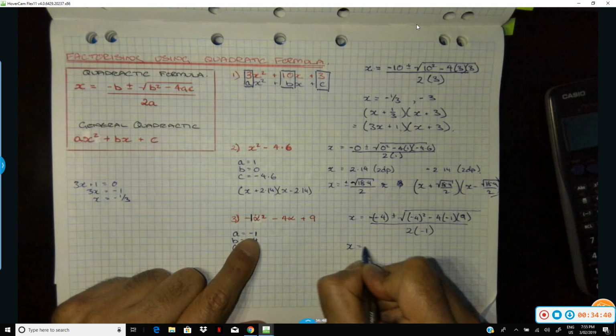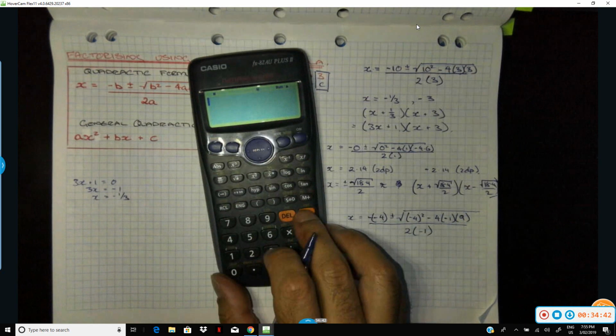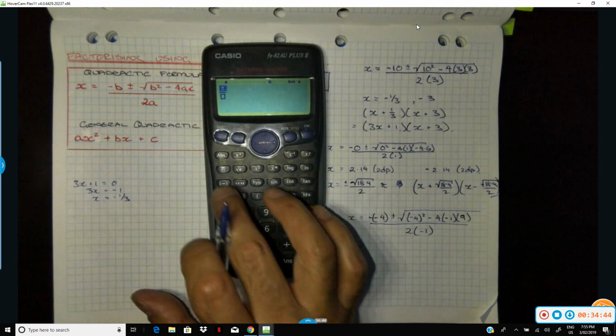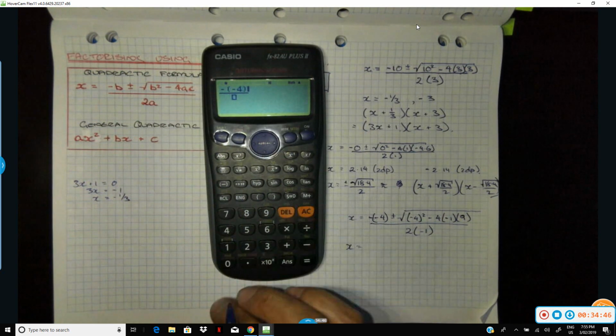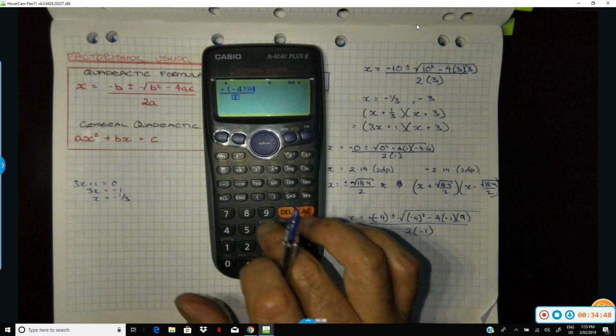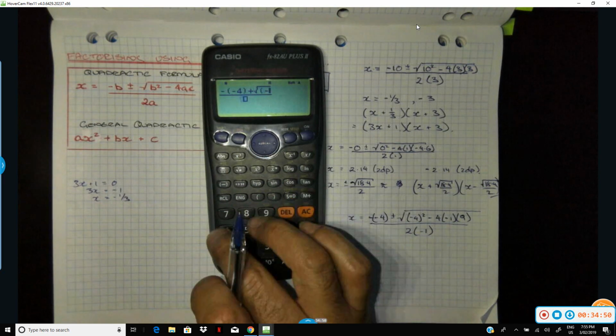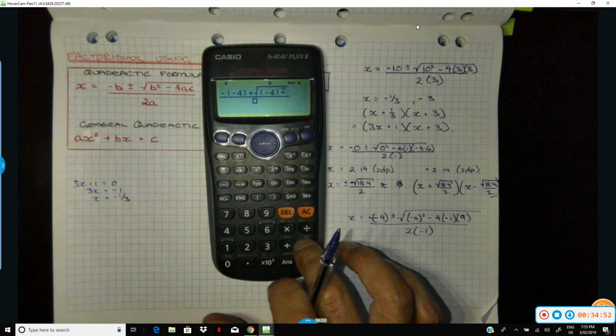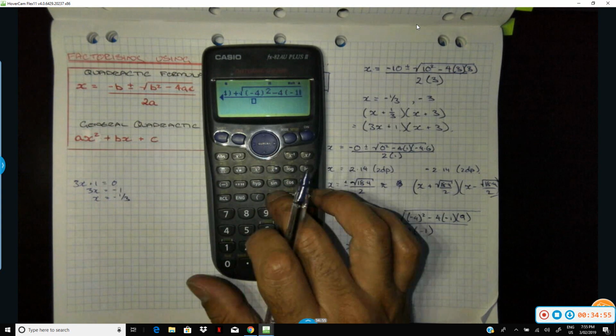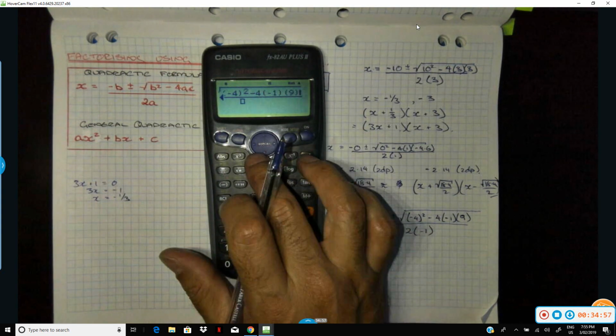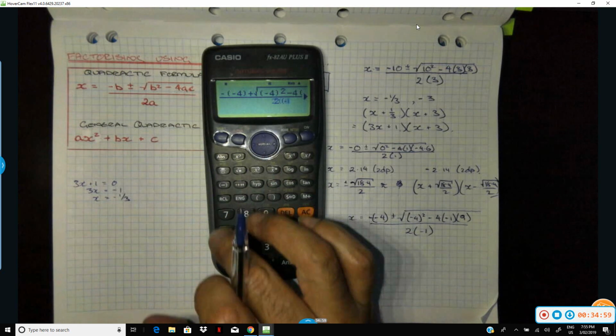So we've got negative 4 plus the square root of negative 4 squared minus 4, negative 1, and 9 over 2 lots of negative 1.